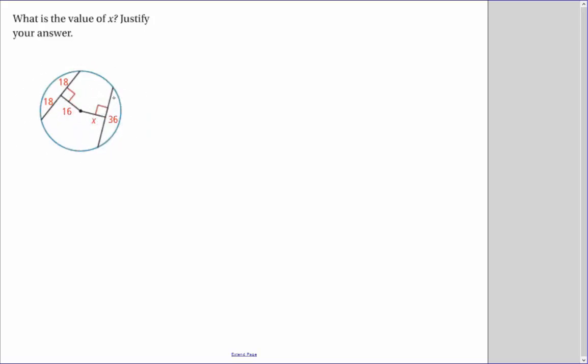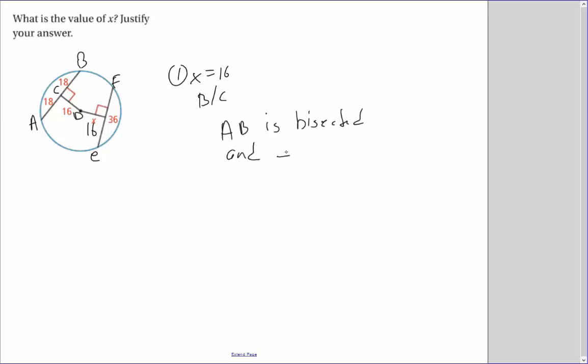Here's how I know X is 16. This is how I would explain it in a quiz or test. So I'll label A, B, C, D, E, F. I know X is 16. Why? Because AB is bisected and congruent to EF.